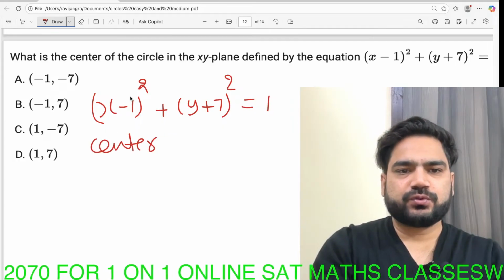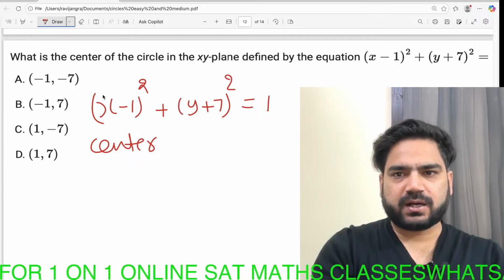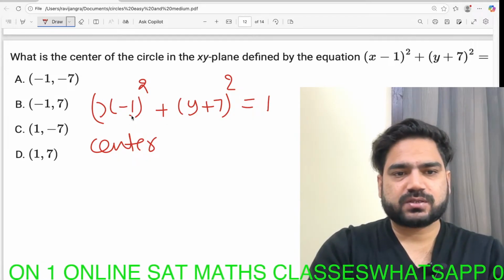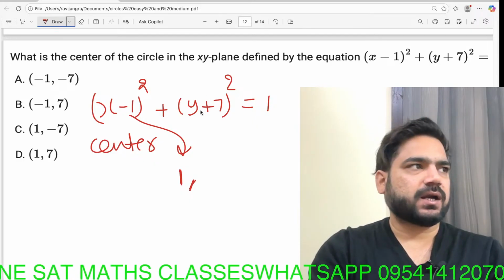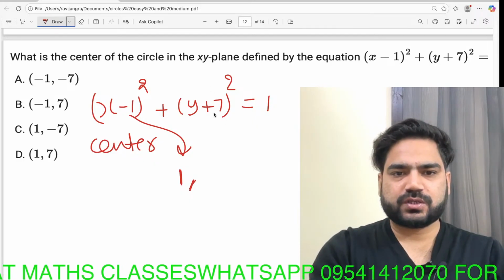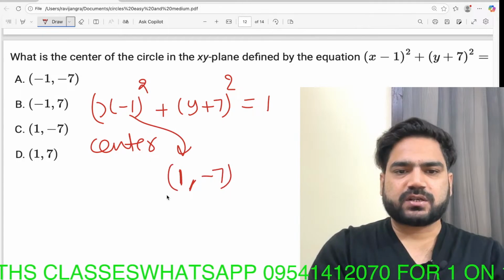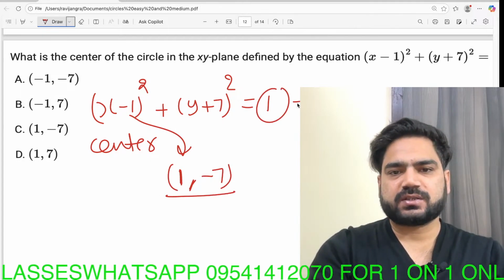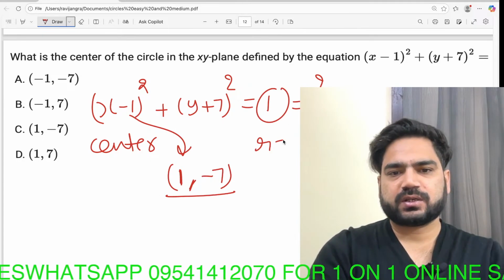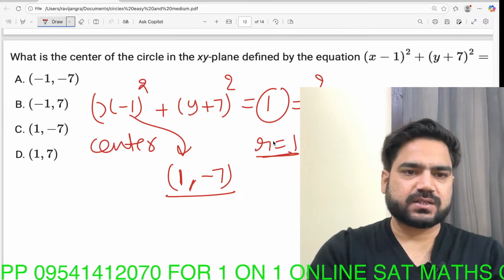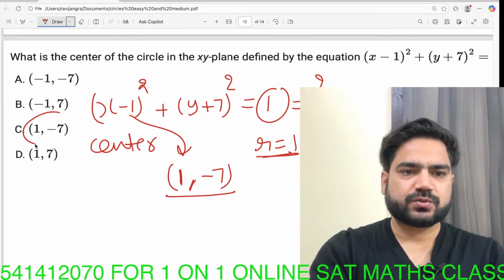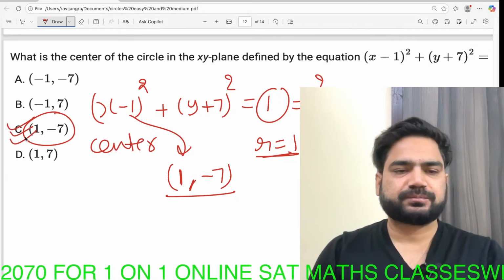If you make this x minus 1 part equal to 0, this value will be 1. So center x is 1. And if you make this y plus 7 equal to 0, this value will be minus 7. You can say this is r square and radius is 1. So basically they are only asking for the center, and it is (1, minus 7). So option C will be there.